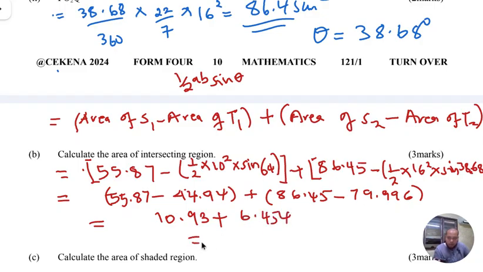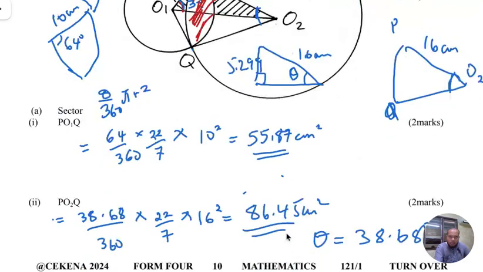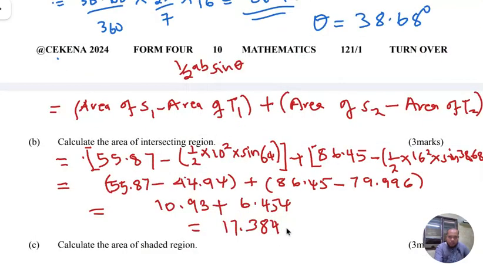So adding these two answers, 10.93 plus 6.454 gives 17.384. That is your answer, in centimeter squared.